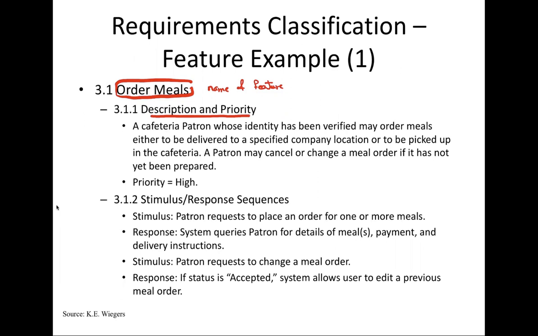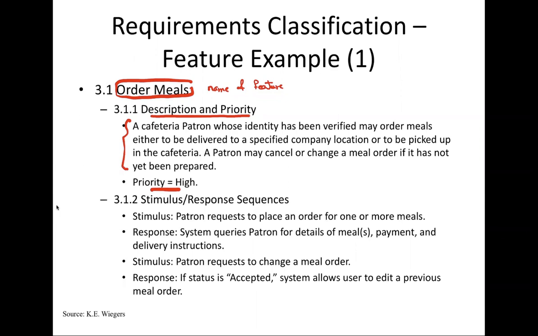A patron may cancel or change a meal order if it has not yet been prepared. So this is the description of the feature. The priority of this set of requirements is really high, so we identify the priority of the requirements underneath this feature to be high.